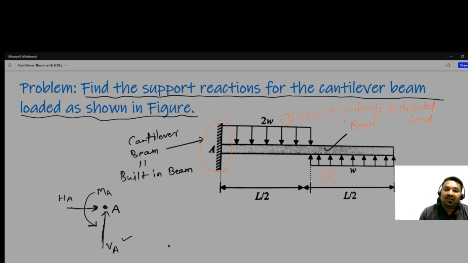So if you remove the support, the fixed support, then in place of that we need to include HA, VA and the moment, and in this way we can proceed with our solution.